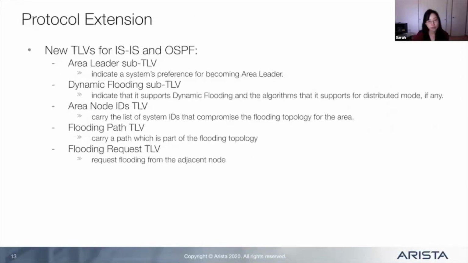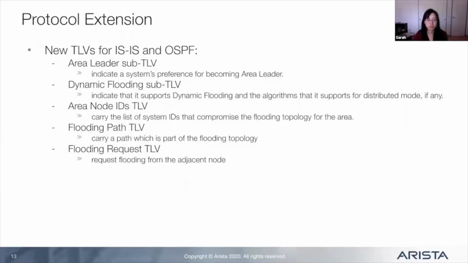We have extended the IS-IS and the OSPF protocols to do the dynamic flooding. In particular, we added the area leader sub-TLV, which basically indicates whether a system is willing to be an area leader or not.